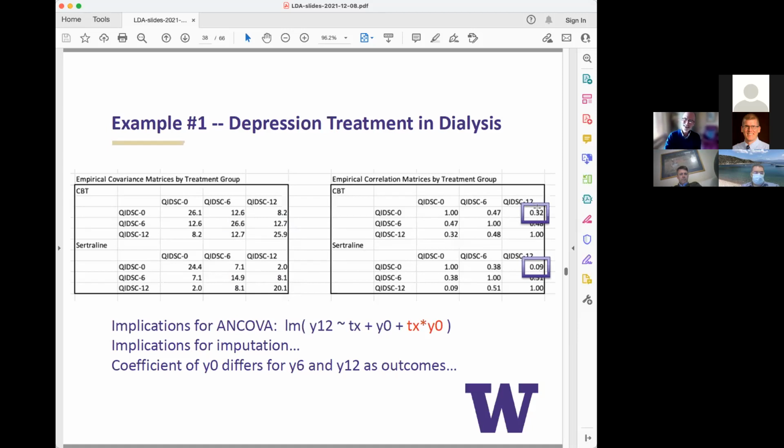So does that say, in fact, I should use and subtract off in ANCOVA more baseline from the CBT group because it's useful, and less from the sertraline group because it's really going to introduce noise? If I had that line of thinking, what it would make me do is to take ANCOVA and say, I want treatment plus baseline, but maybe the baseline predicts differently depending on the treatment group.